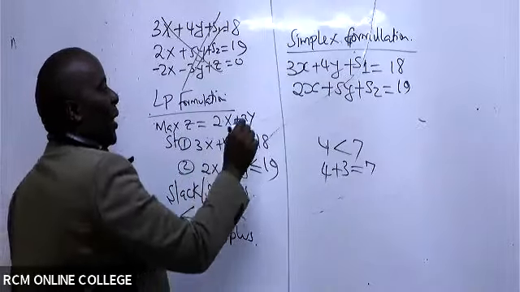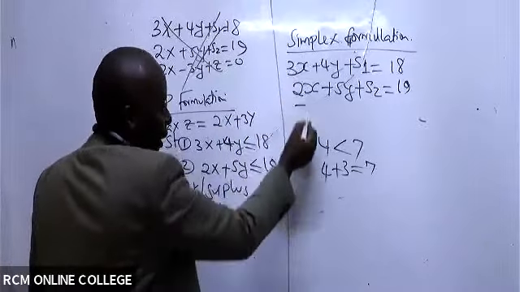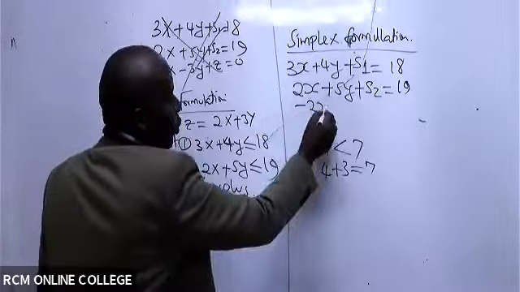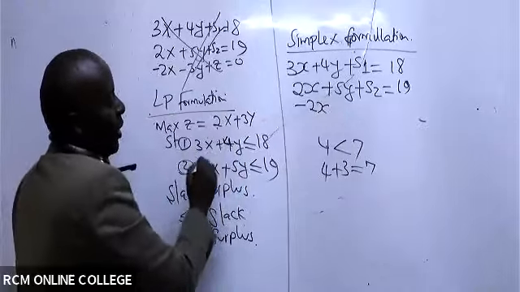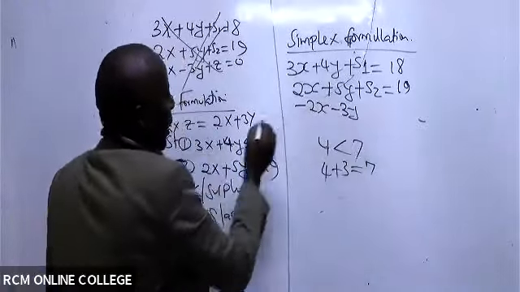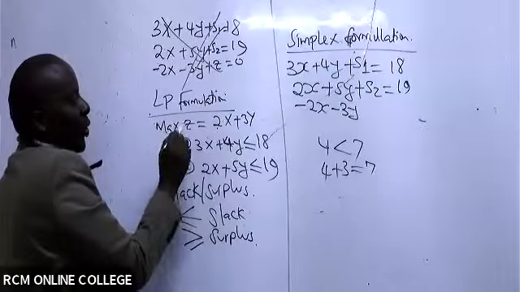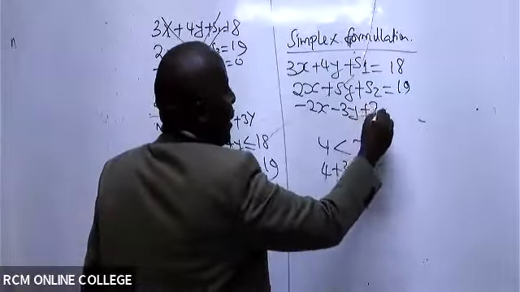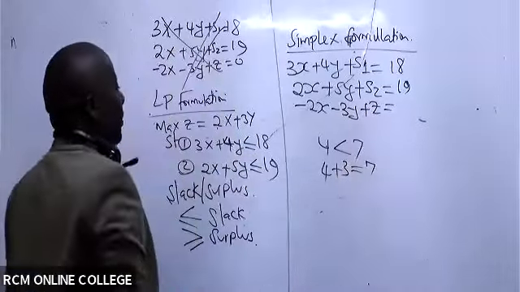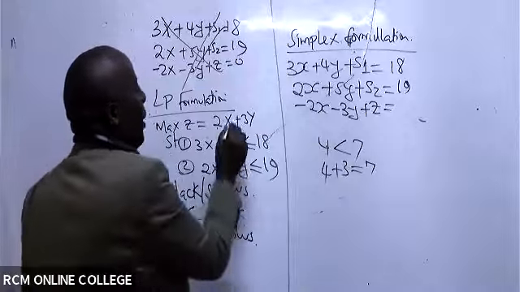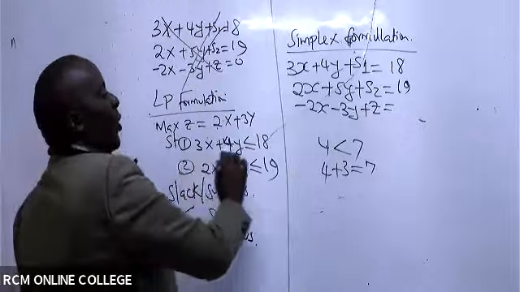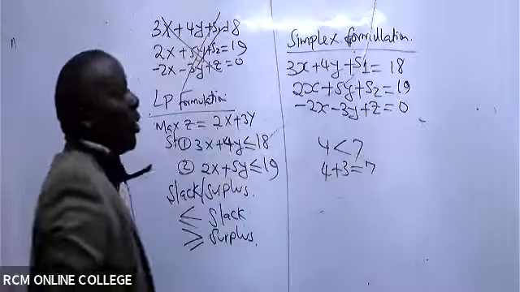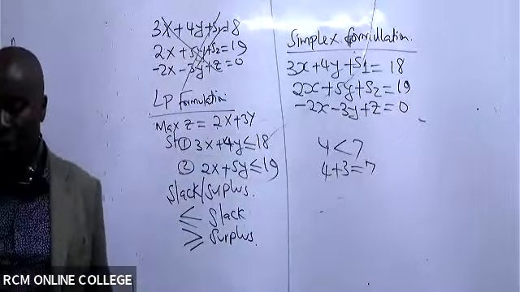In that case, we start with x, so this will be minus 2x because I'm taking it to the other side. Minus 3y. Z is not changing, so plus z equals what? I've transferred everything to this side, so this one equals 0.